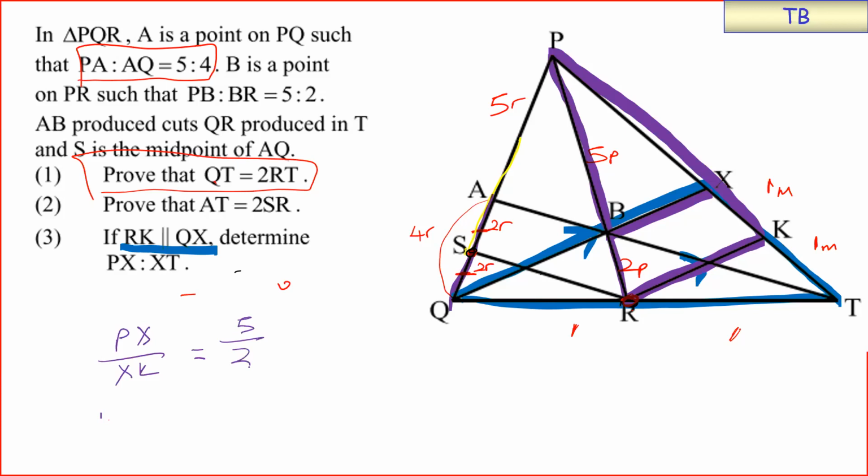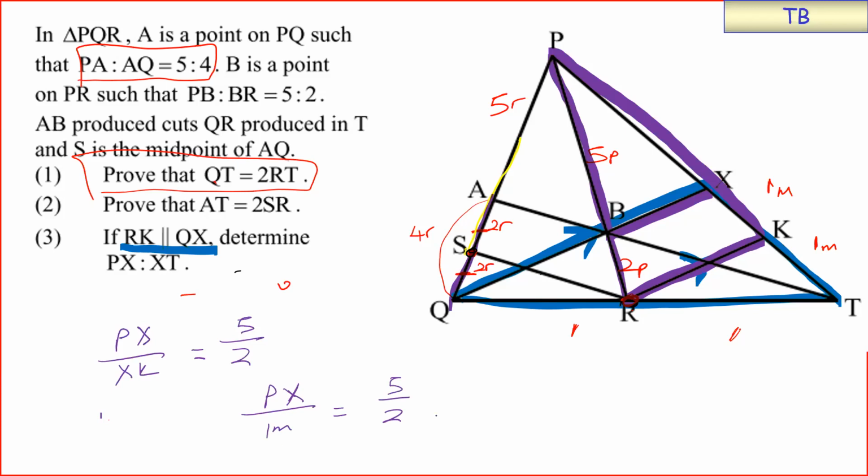Okay. But we know XK, we say that XK is actually 1M over 5 over 2. Agreed? Yes, sir.